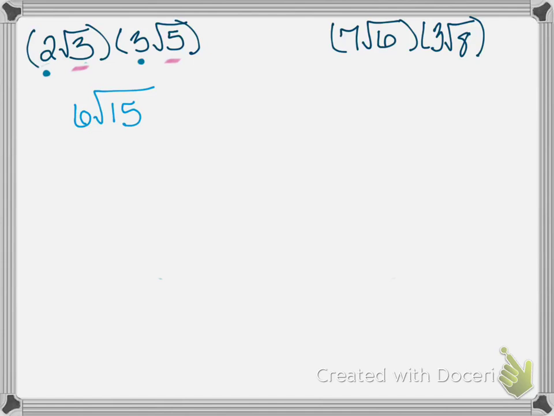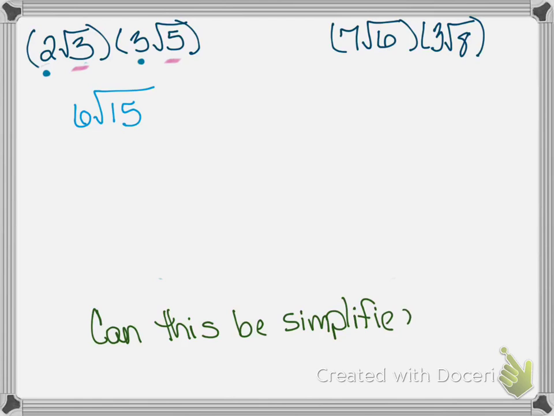Then you always, always, always ask yourself, can this be simplified further? This one cannot, because the only thing that 15 breaks down to is 3 times 5, and neither one of those is perfect.